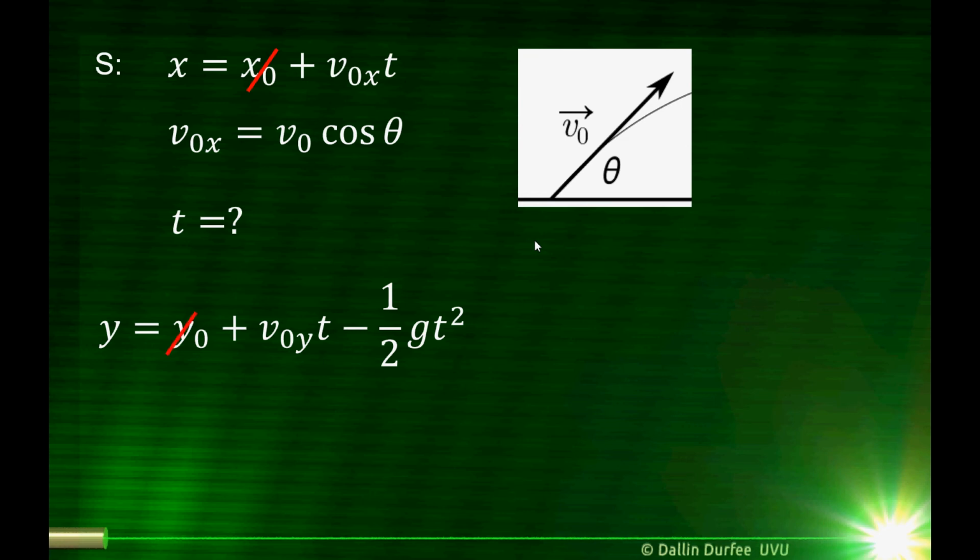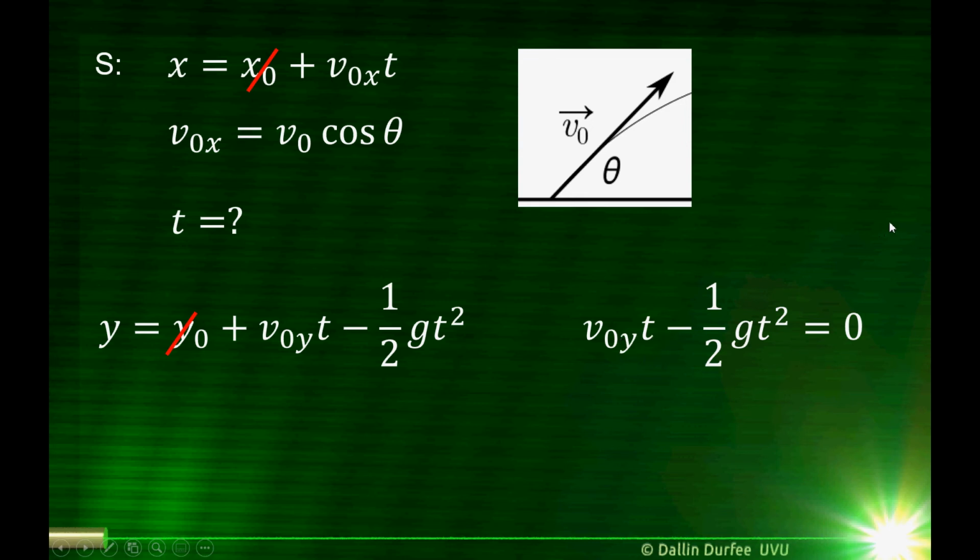Now, when it hits the ground, it's returning to the same altitude, which means I want to solve this equation for the time when y equals 0 again. So the equation I want to solve is v y naught times t minus 1/2 g t squared equals 0.